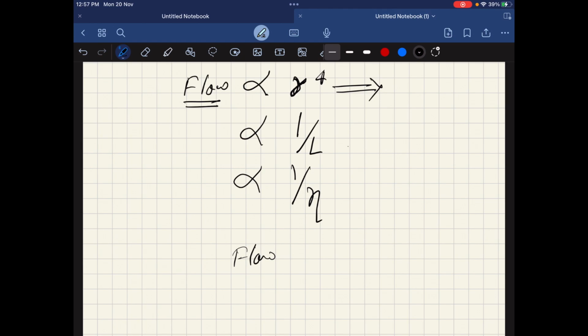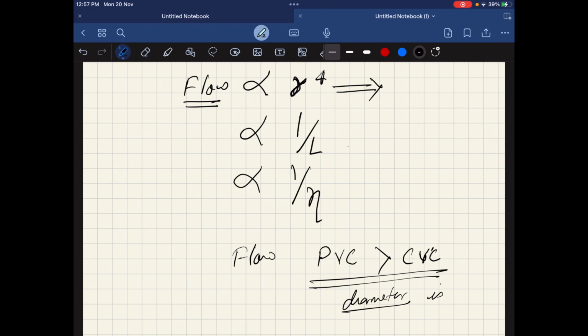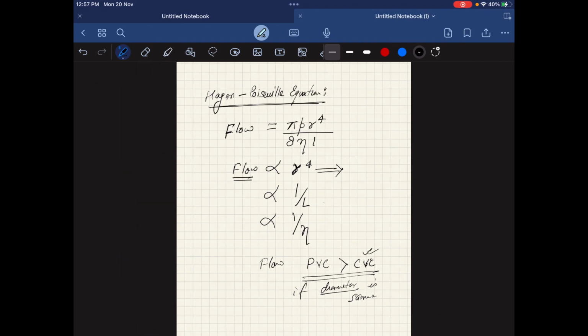So the radius should be high but length should be low. So if the diameter is constant, you will find that flow in the peripheral vascular cannula is higher than central venous catheter, because CVC is usually longer than the cannula.